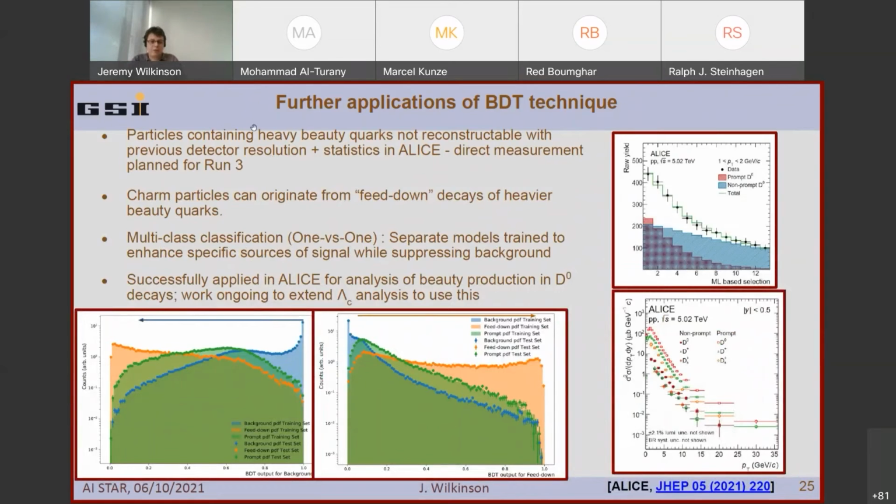So we perform a one versus one training of separate models for background, prompt, which is from a charm quark, and feed down, which is from a beauty quark, and we can make a simultaneous cut on these models in order to both suppress the level of background while enhancing the level of feed down production. And this has been successfully applied for D-mesons elsewhere in the ALICE collaboration, and work is ongoing at GSI to extend the lambda C analysis to use this.